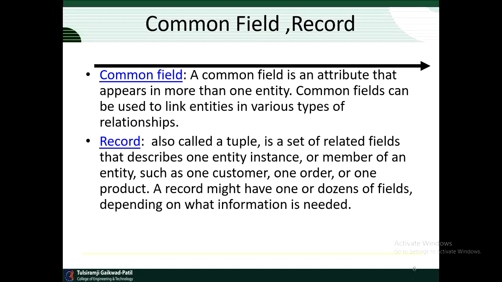A record is a set of related fields that describe one entity instance or member of an entity, such as one customer, one order, or one product. A record might have one or dozens of fields depending on what information is needed.